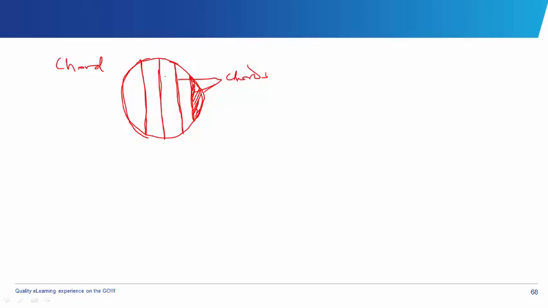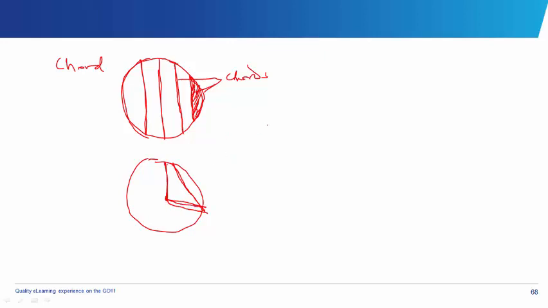The principle to finding the area of the chord is this. We'll have a circle, and this is the radius. Now let's say the chord runs this way.